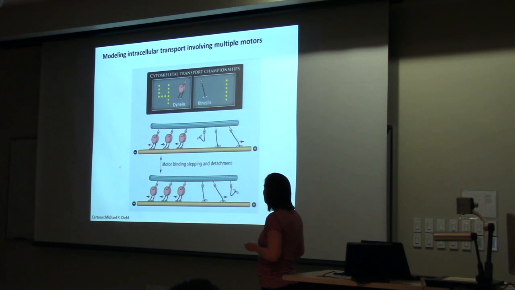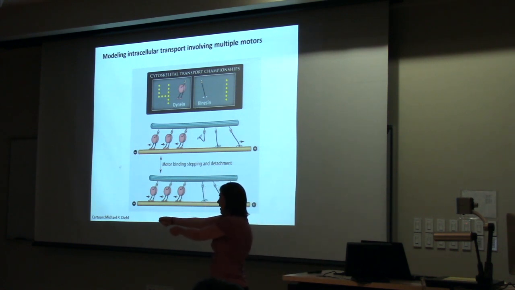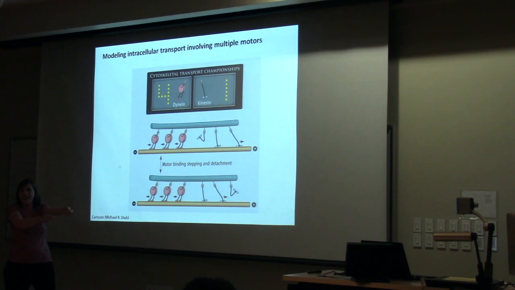So let's take a minute to think about the physics of a tug of war. Let's say I'm having a tug of war here, and those of you who have taken physics may remember that Newton's third law of motion says that for every force, there is an equal and opposite force. So my opponent over here is pulling just as hard as I am. How does anybody ever win a tug of war, right?